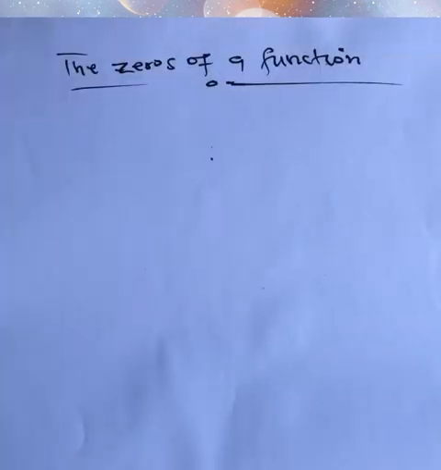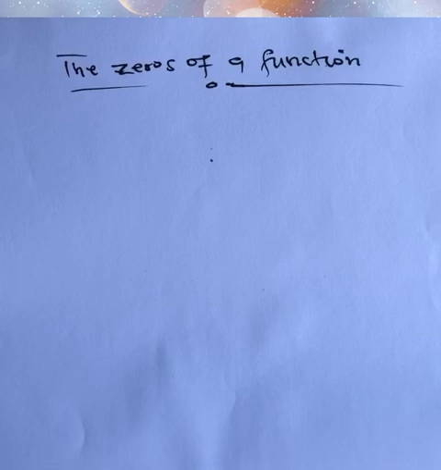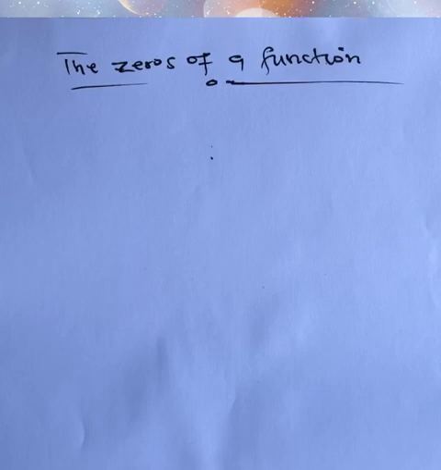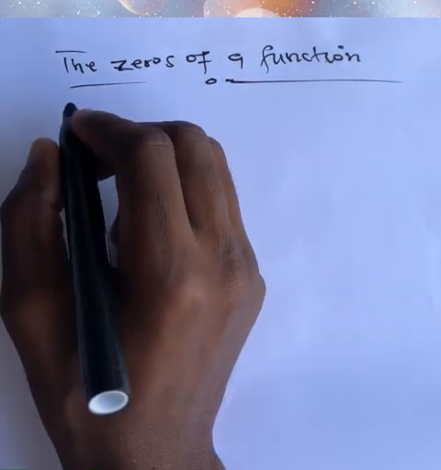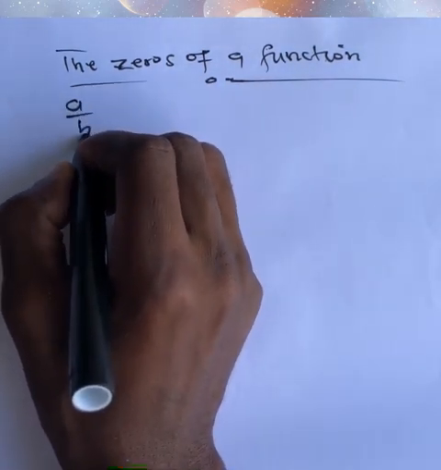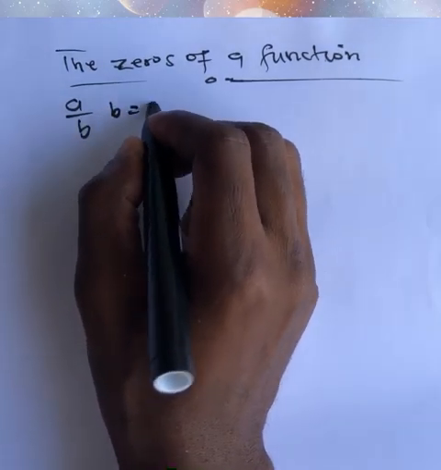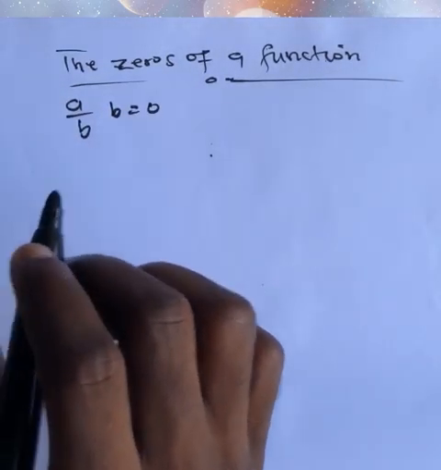Right, basically, if a question asks you to find zeros of a function, it simply means that you want what will make that function become what? 0. Already we have looked at what will make a function become undefined. And we said that if I have a over b and b equals 0, then this function becomes undefined.